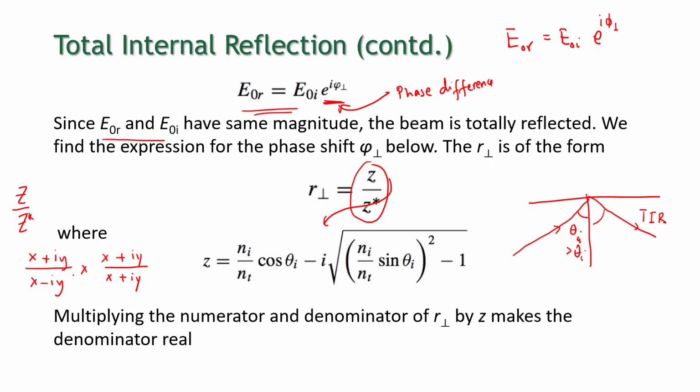This will give us on the bottom x squared minus, and minus times plus would be minus, i squared y squared. A minus b, a plus b, so a squared minus b squared: x squared plus y squared. So this is a real number. If you want to get a real number on the bottom, you just multiply by z.